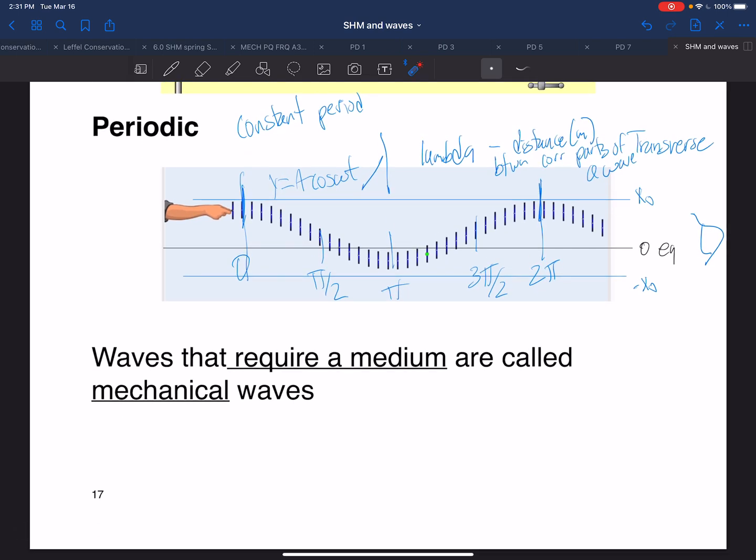Waves that require a medium or material are called mechanical waves. And this can be a somewhat important distinction. And these are different from, say, electromagnetic waves, which are light, or gravitational waves.